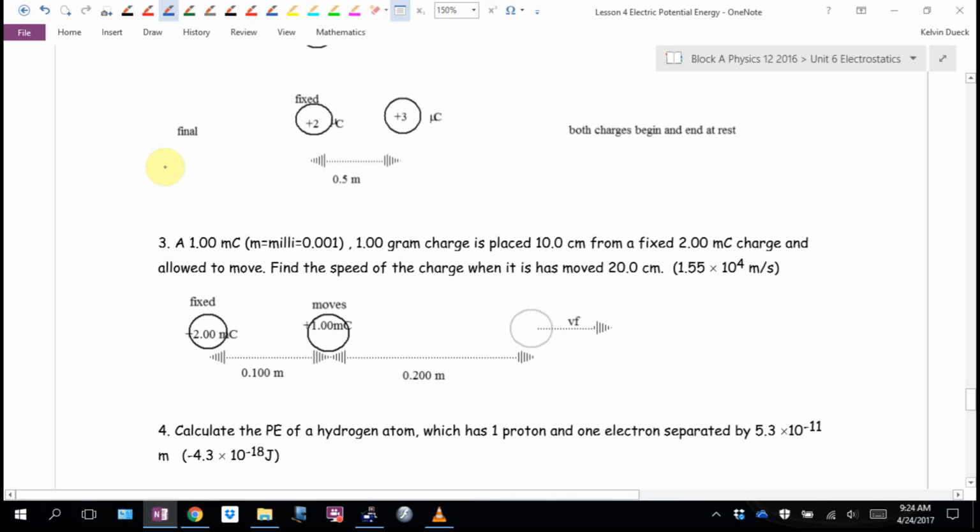Number 3, if you look at it, what's number 3 asking you to find? Speed when it's allowed to move. This is going to be conservation of energy. This is like dropping an object, except, like charges. So in this case, when you drop this, it falls up. Sorry, but it does. It repels. But it's going to be the same physics. It's a conservation of energy question. Okay, so number 3 is a nice one.